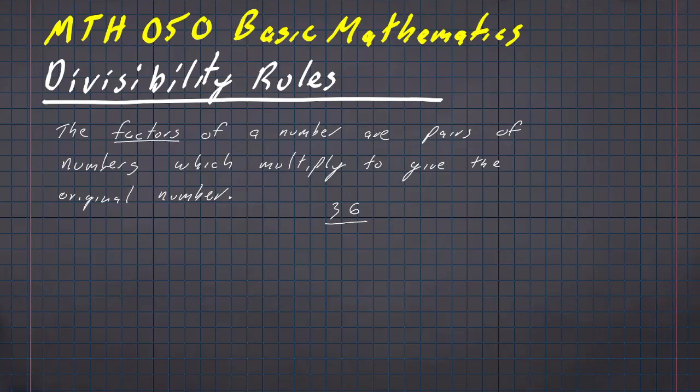One nice trick we can use to find the factors of a number is to just start writing things out. We always start with 1. 1's a great place to start. 1 times anything is that thing, so 1 times 36 is 36.